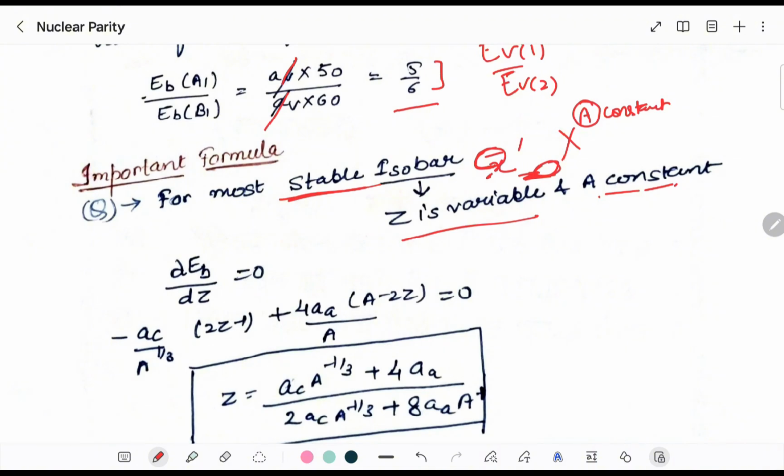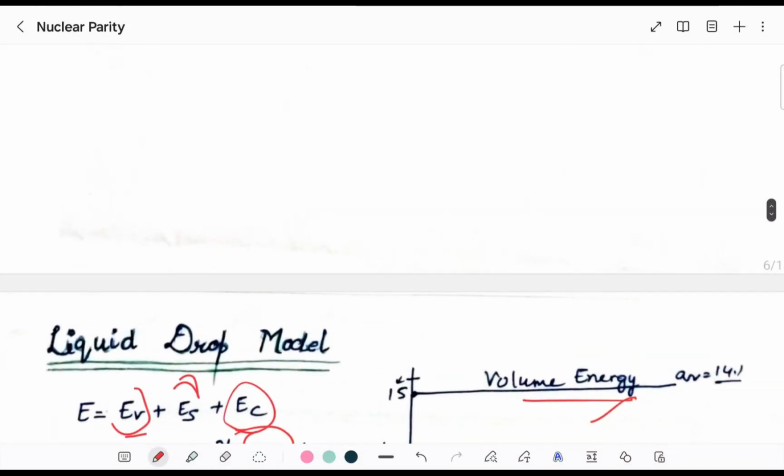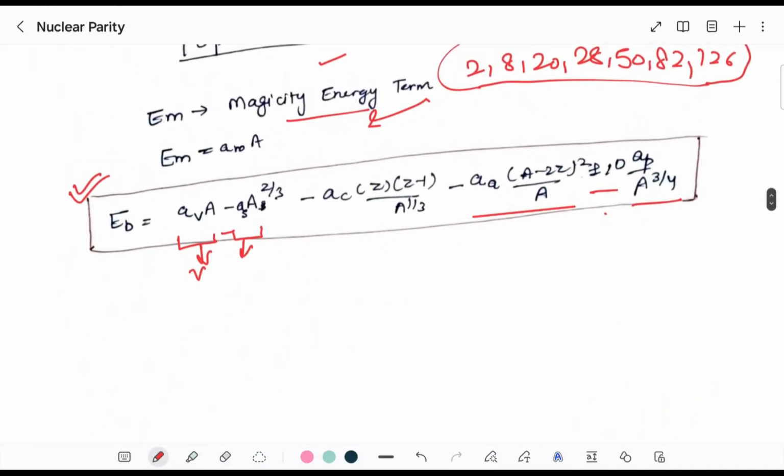First of all, we need to know the binding energy term that we have calculated here. Now we need to calculate the stable isobar. For the stable isobar, we need to find the value of Z for which the variation of EV with respect to Z is equal to 0.